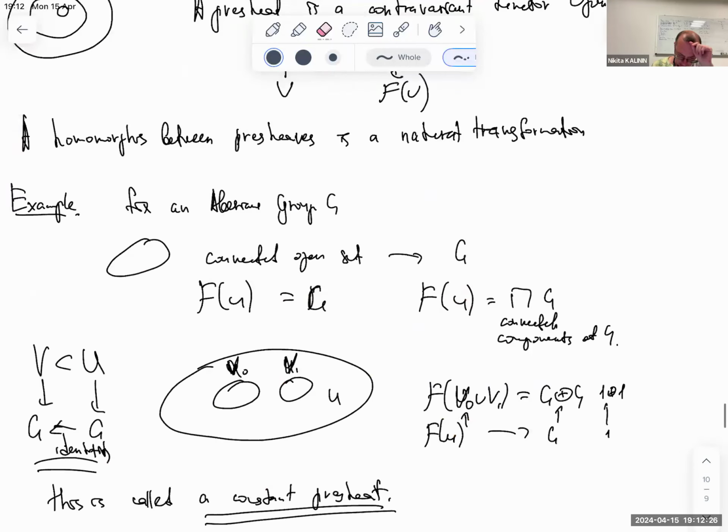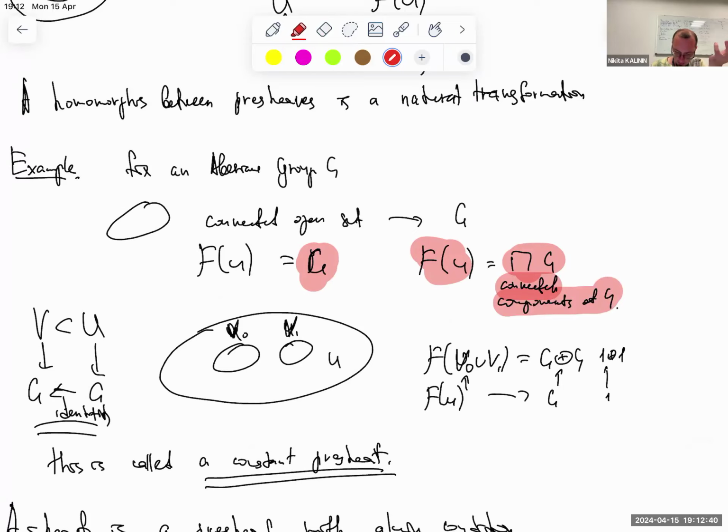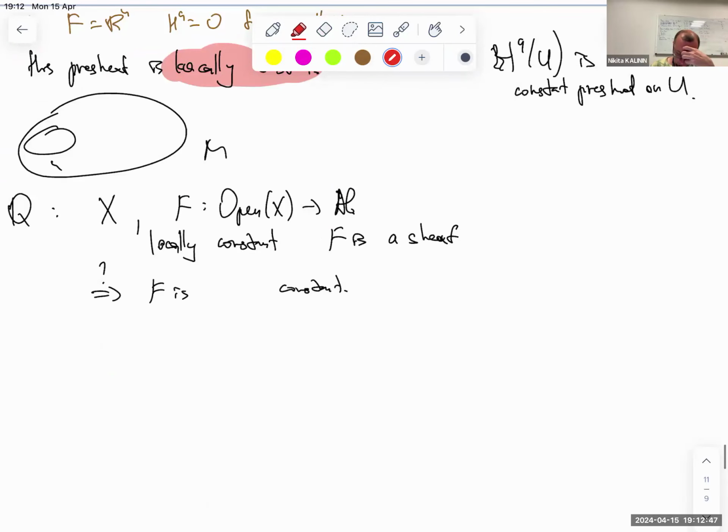Constant means that there is a group G such that F of U is a product of G over the connected components of U. So for any connected U, F of U is just the same group G. So F is constant.